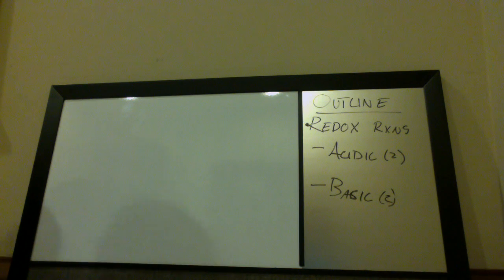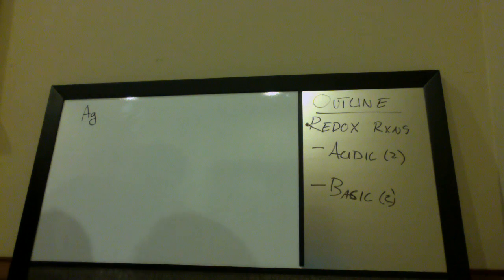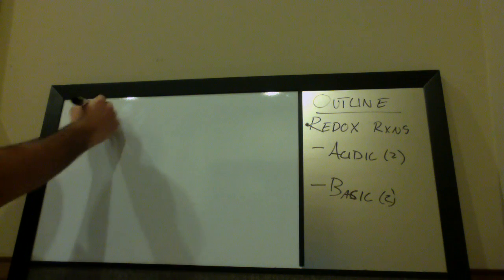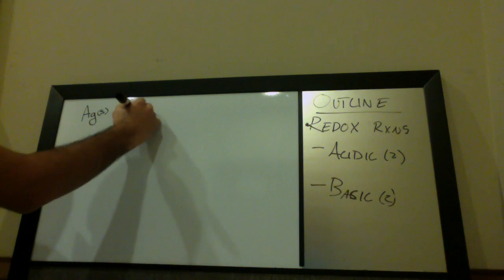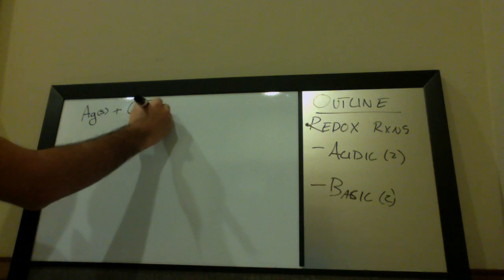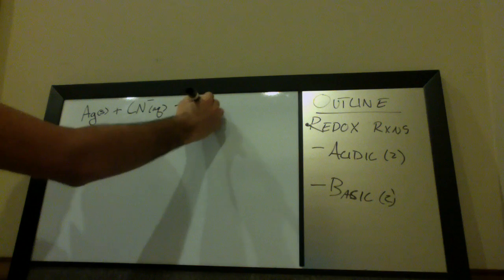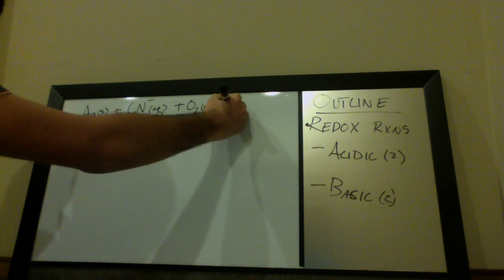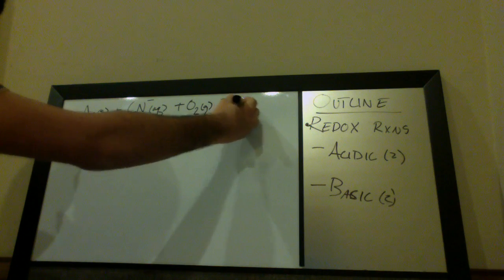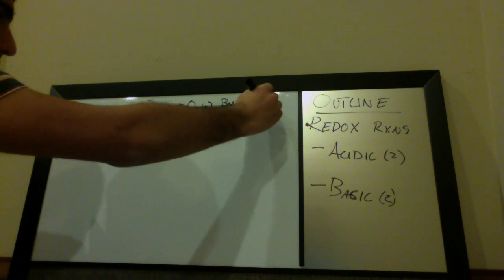So I have Ag, which is silver, in solid form, guys. Cyanide ion, which is aqueous. And I have oxygen gas. And I have base, and that goes into silver 2 cyanide.